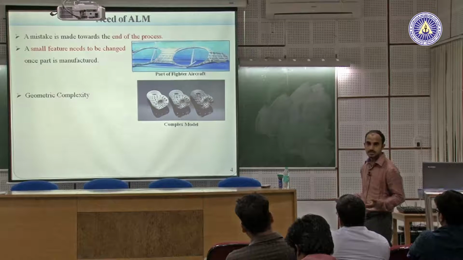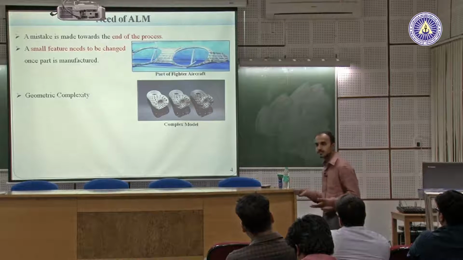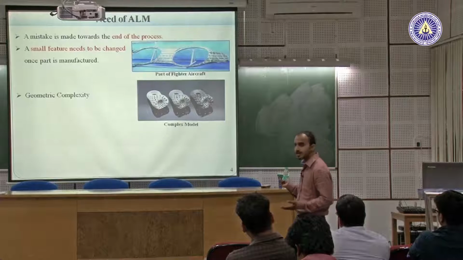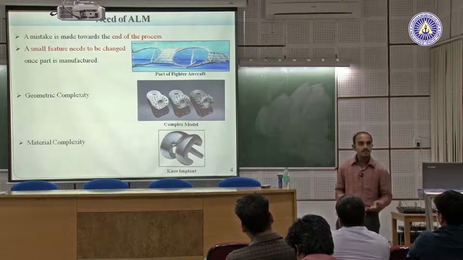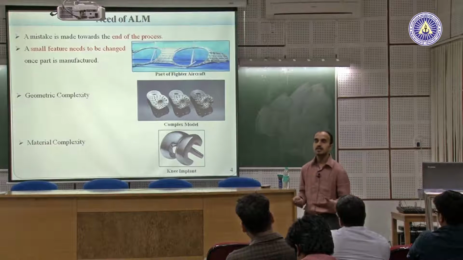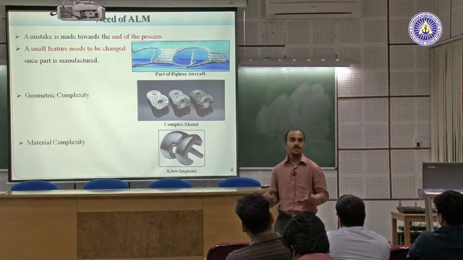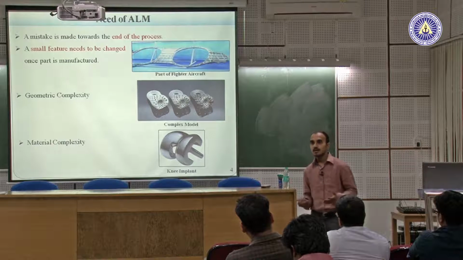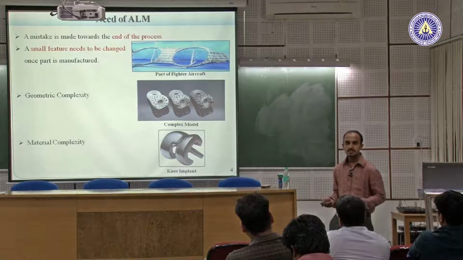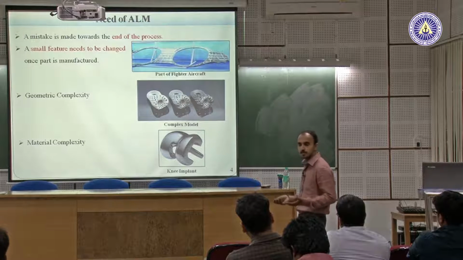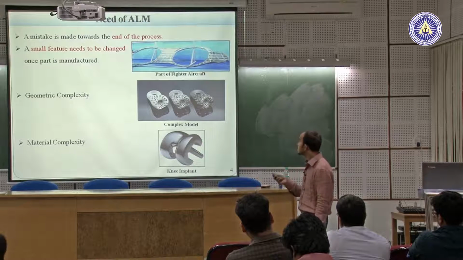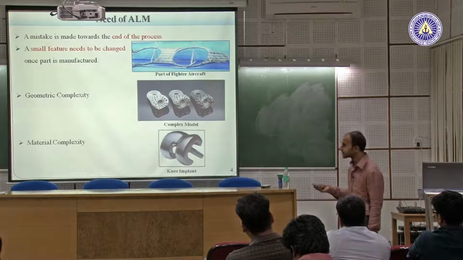Suppose geometric complexity, as you can see here, is not possible by traditional methods. Even material complexity: suppose you want different properties at a different layer or a different point. Sometimes we require a combination of different properties such as hardness and toughness together. At that time, we can use additive layer manufacturing.